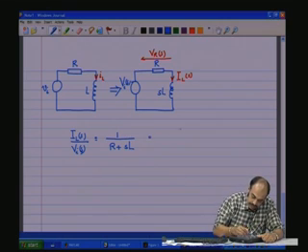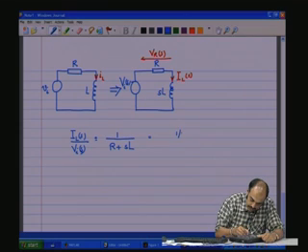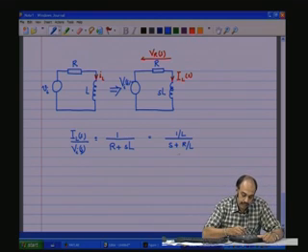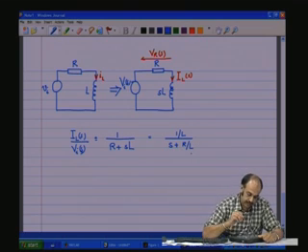And by small simplification, if I divide throughout by L, you have 1 by L divided by S plus R by L. So, we have one pole at S is equal to minus R by L. This also we saw in the last class.